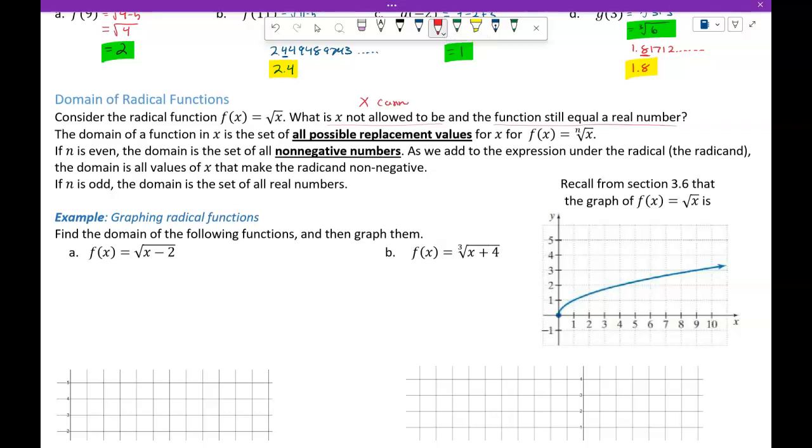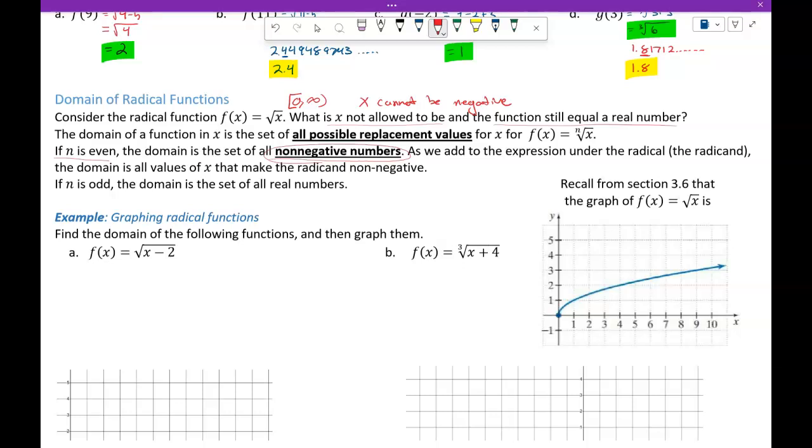X cannot be negative. So that means that our domain is going to be all possible replacement values for x. And since our index is even, that means the domain is the set of all non-negative numbers, meaning our domain is 0 to infinity.